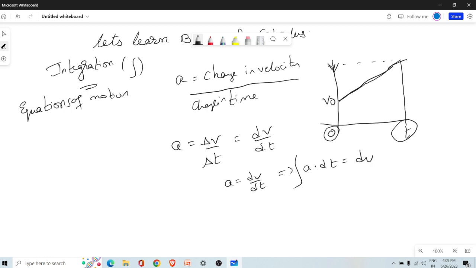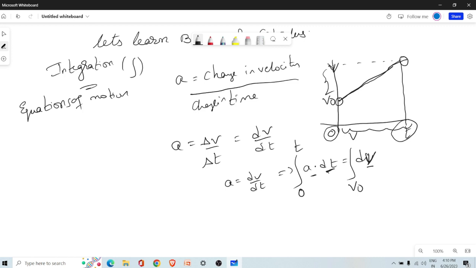If I apply integration on both sides, time is changing from 0 to t, and velocity is varying from v0 to v. Change in velocity is from v0 to v, and change in time is from 0 to t. In this time, we had an acceleration.